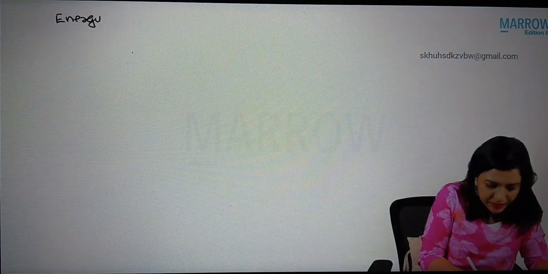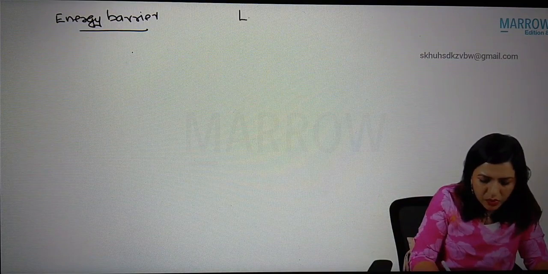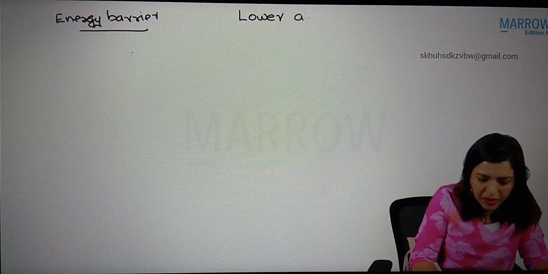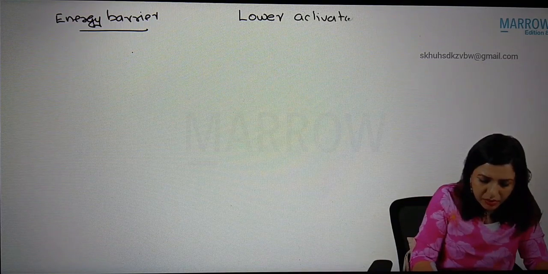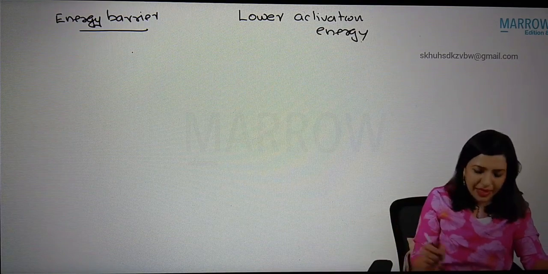So what are those energy barriers and how are the enzymes crossing over those barriers? That is what we are going to see now. So I'm writing first energy barrier, and how the enzymes lower the activation energy by crossing this energy barrier.